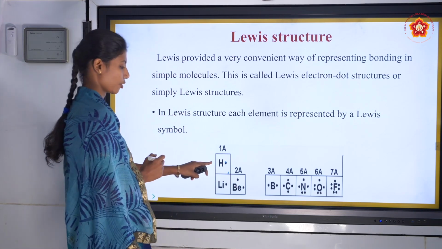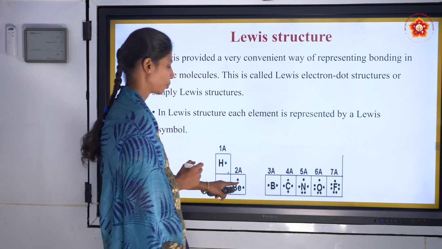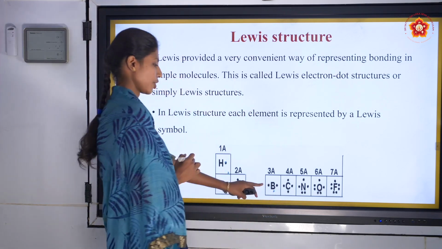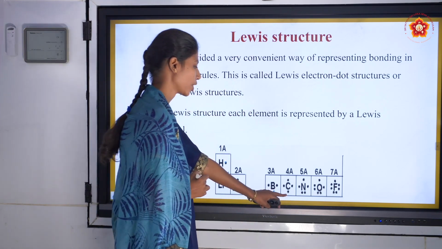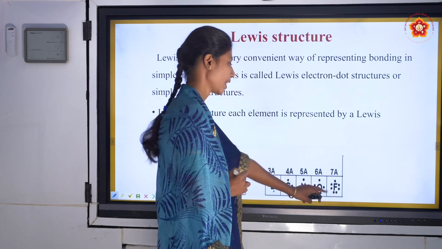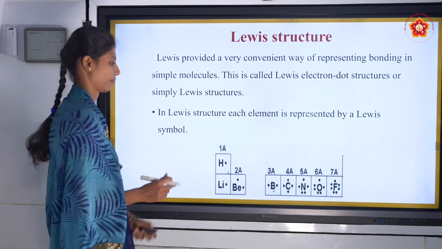Hydrogen has 1 valence electron, lithium 1, beryllium 2, boron 3, carbon 4, nitrogen 5, oxygen 6, and fluorine 7. These are the Lewis symbols.